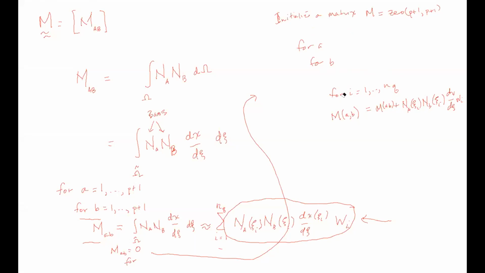It's often convenient to move the quadrature for loop to the outside, which is what's in the notes. So let's rearrange things and put our quadrature loop out there. Doesn't change anything. Let's move these down.